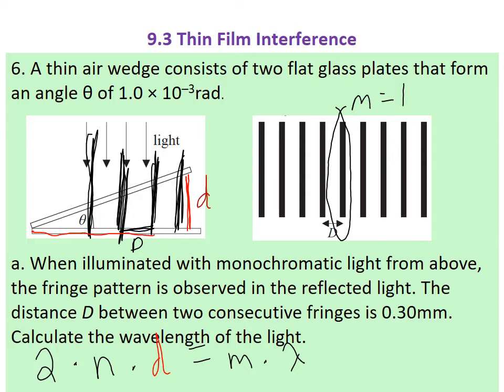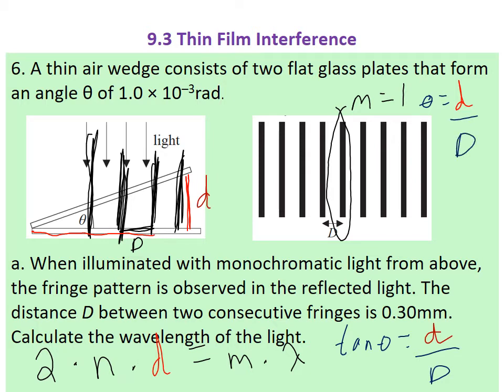I'm looking for the lowercase d, so if I treated this like a tangent function, tan theta equals the opposite, which is the lowercase d, what I'm solving for, divided by the adjacent side, which is capital D. Small angles then would say that theta then is little d over the big D.